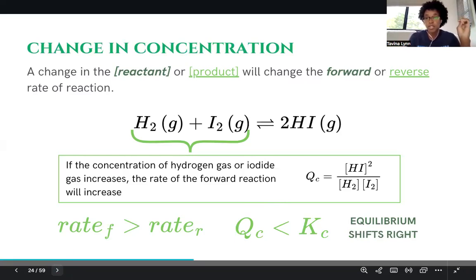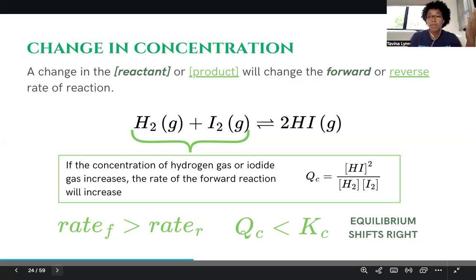So taken together, if we increase the concentration of reactants, our reaction quotient Q will decrease, and as a result, our equilibrium will shift to the right. The reason is that the rate of our forward reaction speeds up because we flooded the system with an increased concentration of reactants.